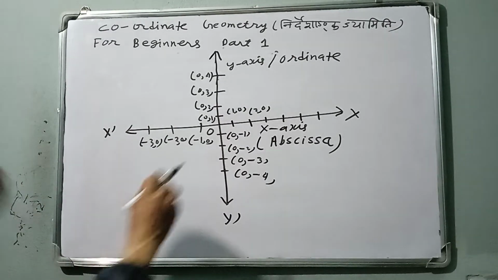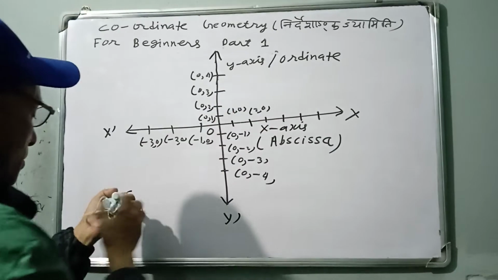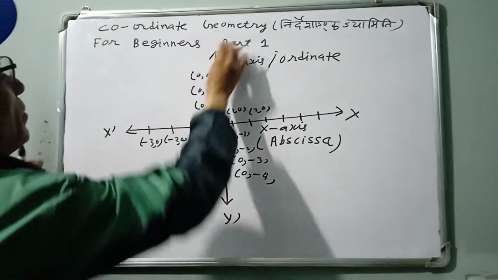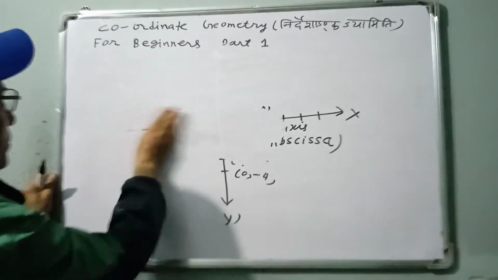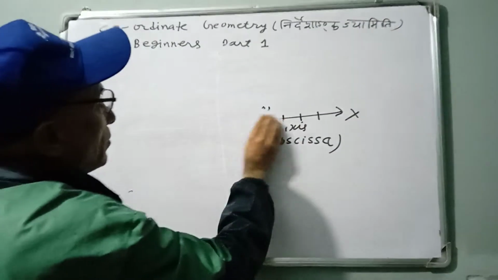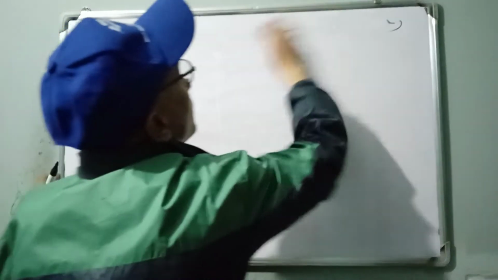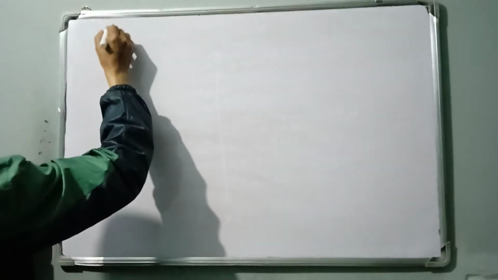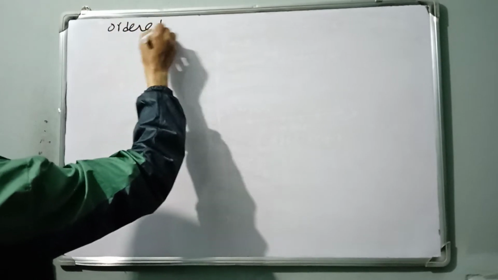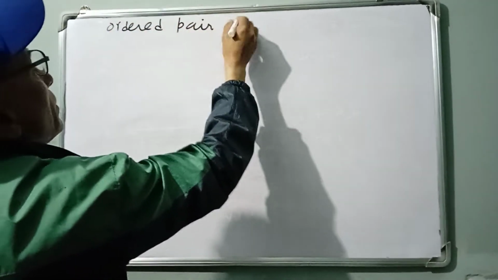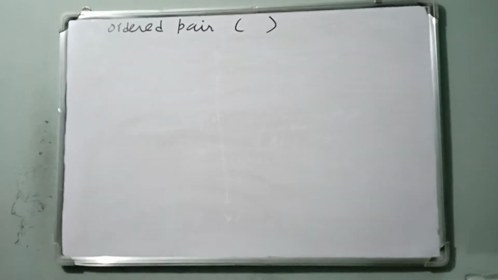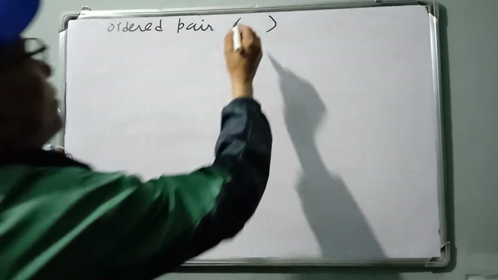First thing. And another thing is, you have to know that in any ordered pair, the ordered pair is denoted by small brackets (x, y).